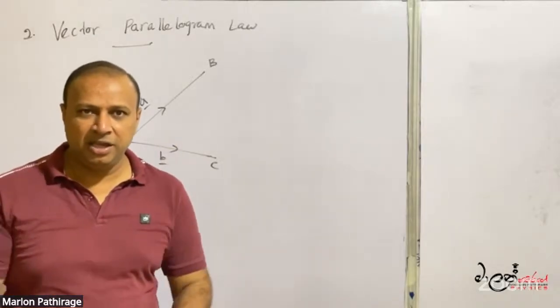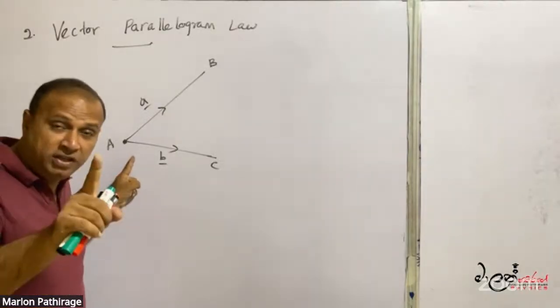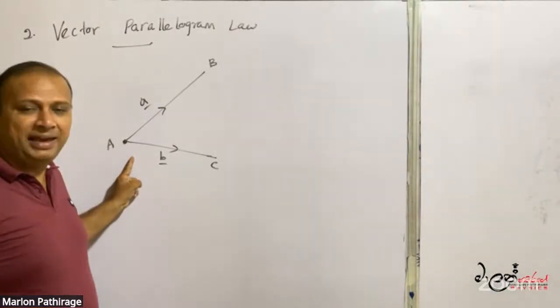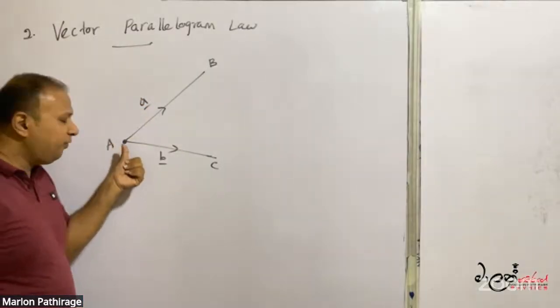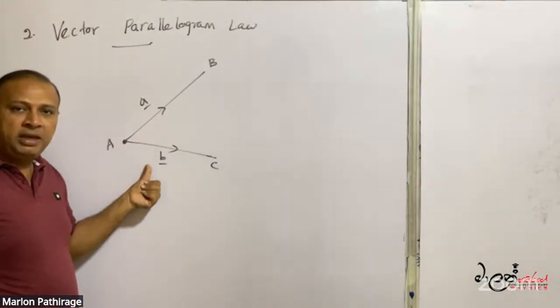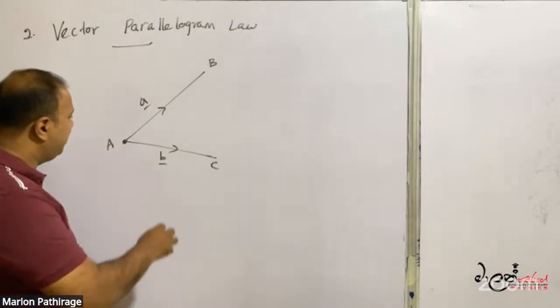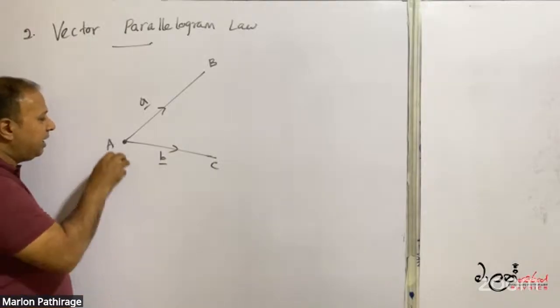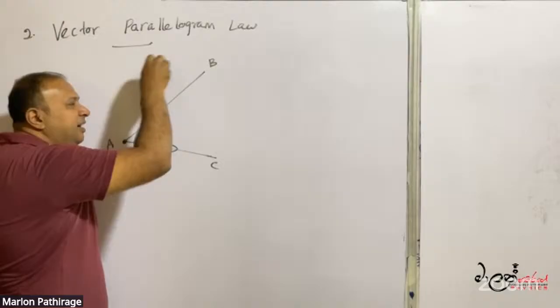Look at this one. If there are two vectors which are active at the same point, that means if the starting point of those two vectors are equal, then we cannot overlap the starting point of the second vector and the end point of the first vector.